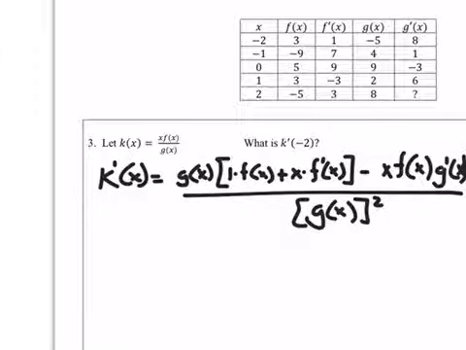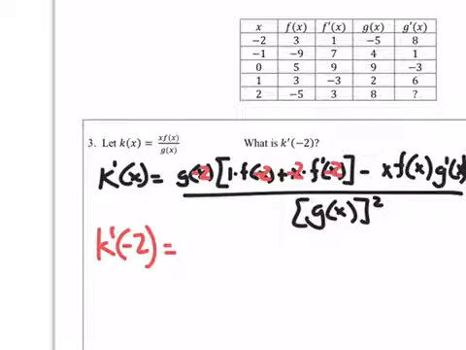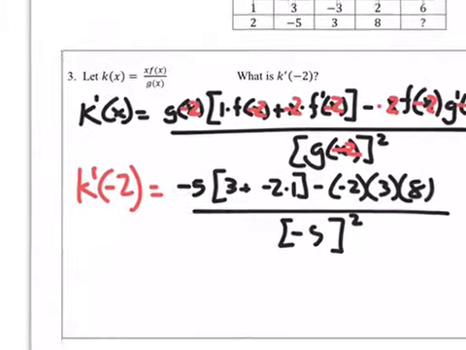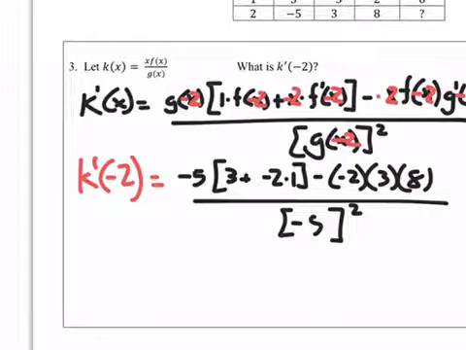So let me jump into k prime of -2. Ooh, this is a mess. I'm going to plug in a -2 everywhere and I'm going to evaluate. I'll come back with an answer in just a smidge. Okay, I've done some evaluating here. You can pause the video if you'd like to.